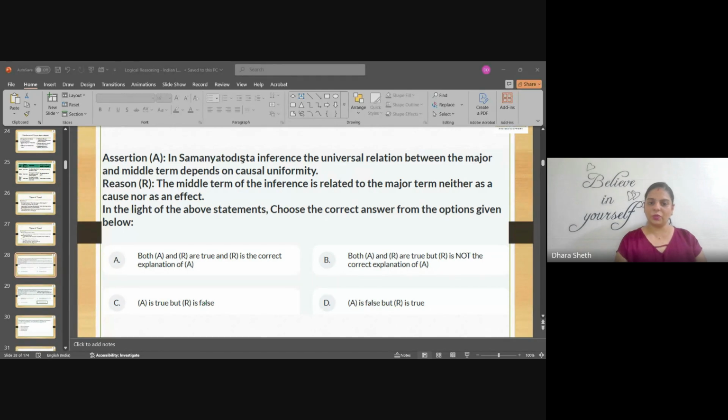What is the major term? What is the middle term? Depends on causal uniformity means cause and effect. The middle term of the inference is related to the major term neither as a cause nor as an effect.